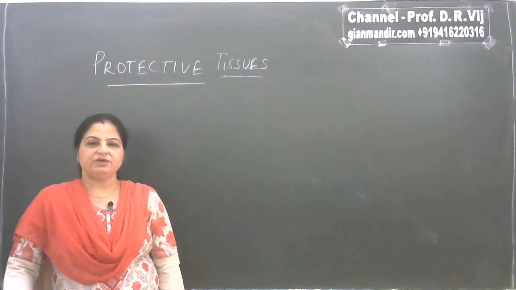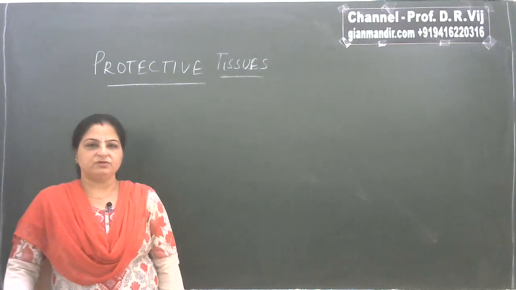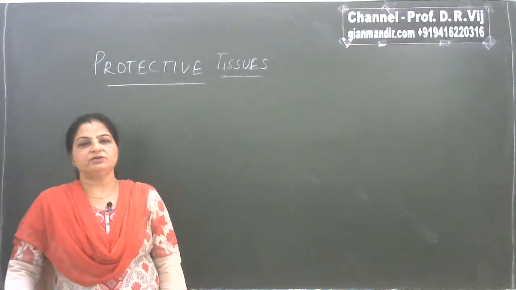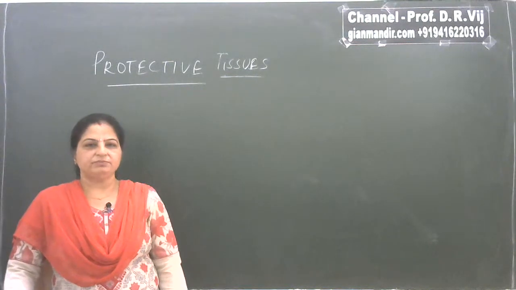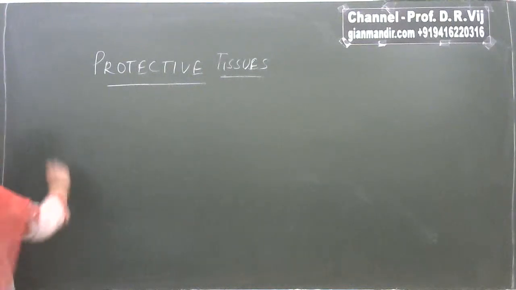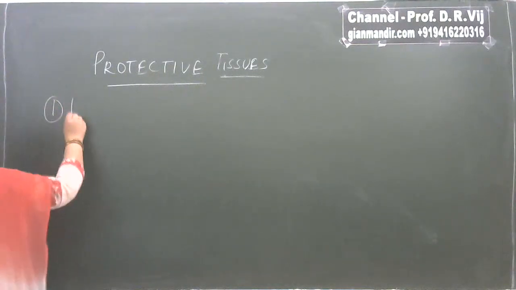So today here we discuss the protective tissues. As the name itself clearly indicates, these are the tissues that provide protection to the plant body. So there are two types of protective tissues. First is epidermis.